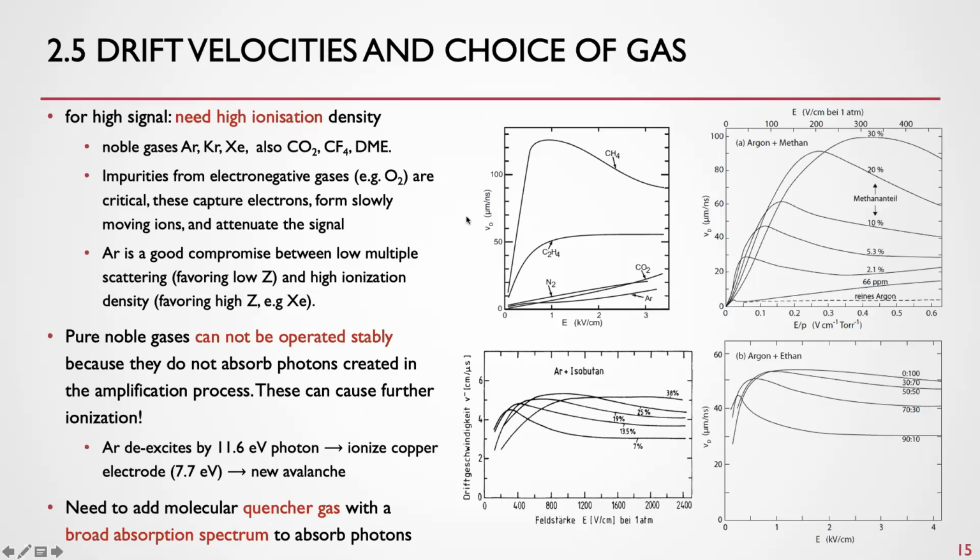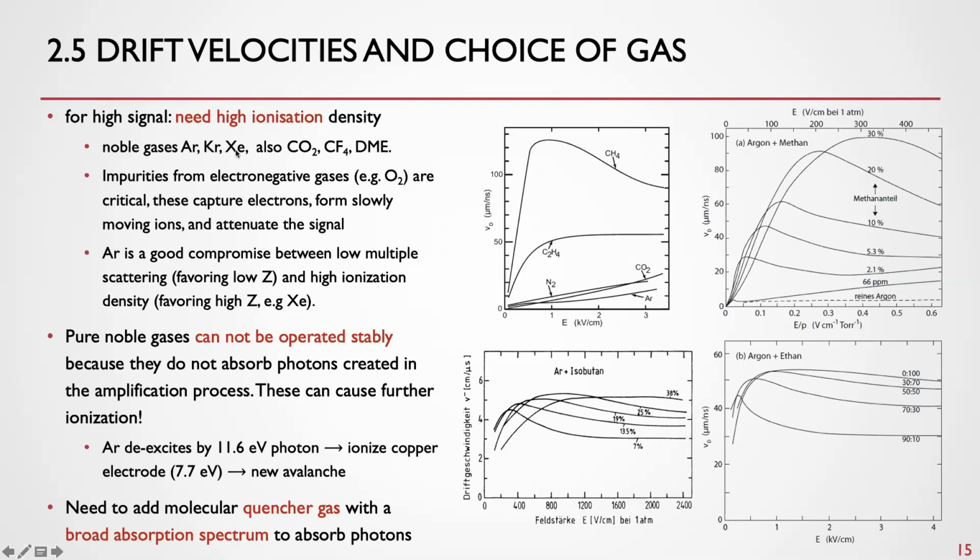To that end, gas choices are an important way of defining the operation characteristics of a gaseous detector. Now you want, of course, a high signal. So you need a high ionization density. Looking at the ionization density, you want noble gases, argon, krypton, or xenon.